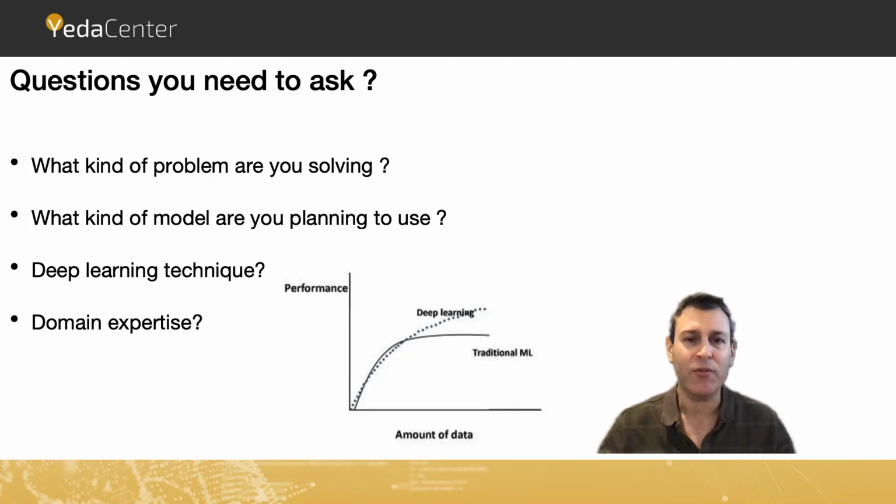So if you don't have domain expertise and you just want to throw data on some model, something we call transfer learning, then take into account that you might need more data than is usually needed when you have domain expertise. And the more complex the architecture of the model, usually the more data that you'll need.